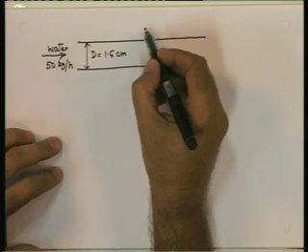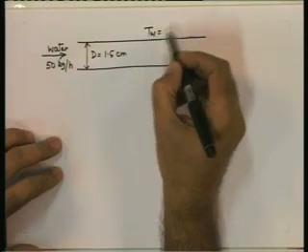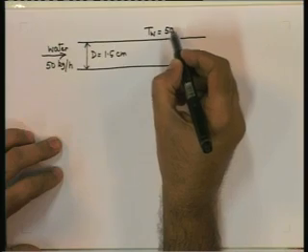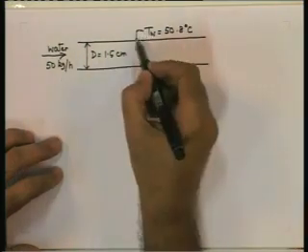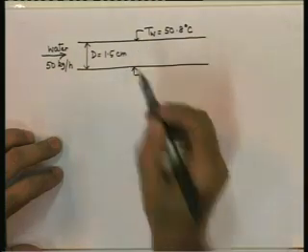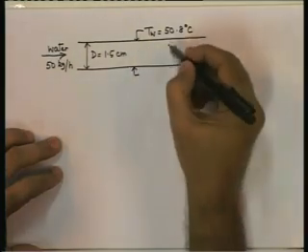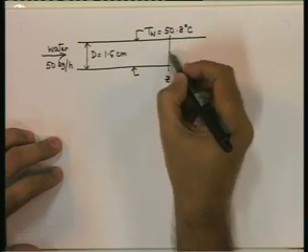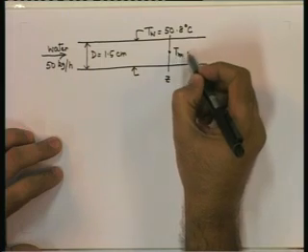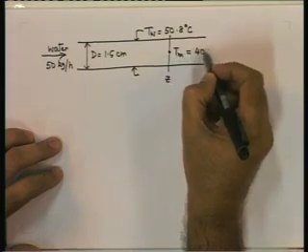But let us say now that the wall temperature is maintained at 50.8 degrees C uniformly, here as well as here, and at some location Z, Tm happens to be 40 degrees C.